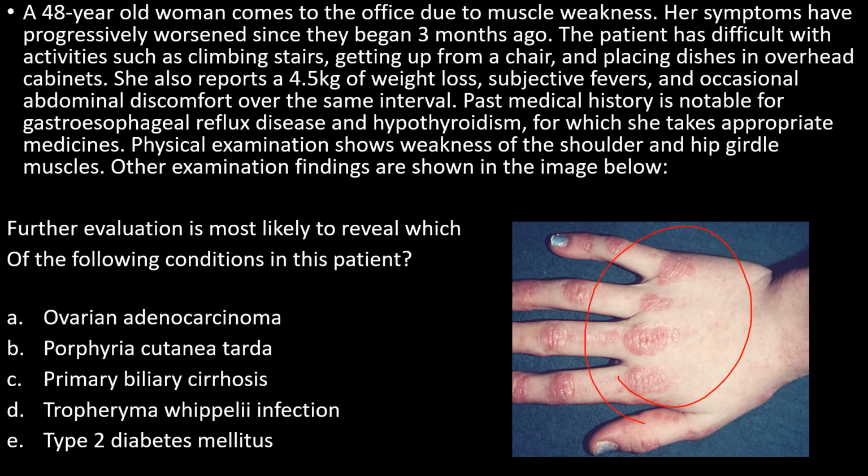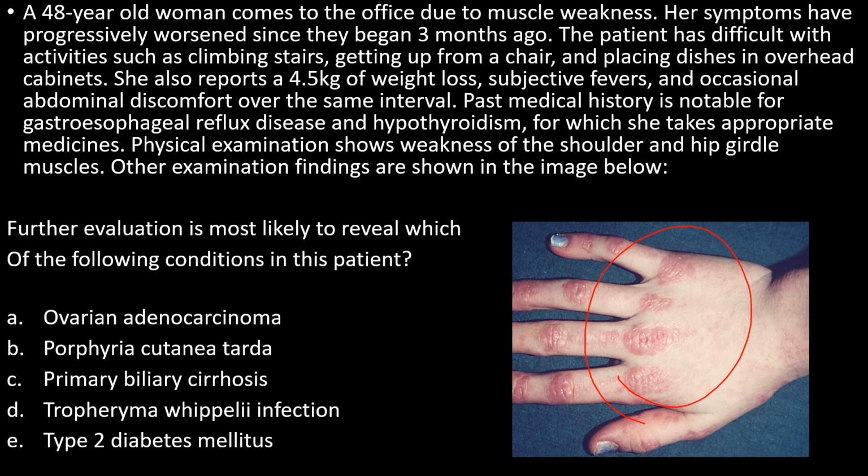So these are the Gottron's papules as seen in this patient, and the muscle biopsy is diagnostic and shows mononuclear perimysial infiltrates, perifascicular atrophy, and patchy necrosis.